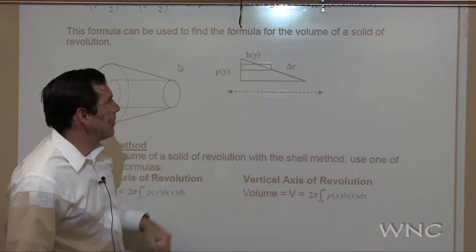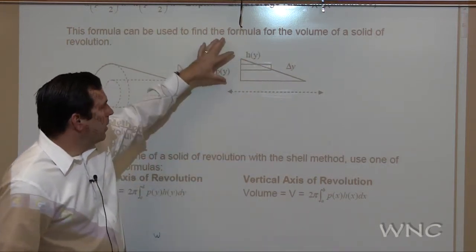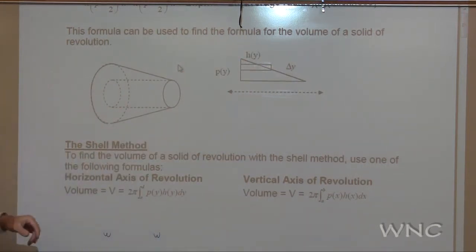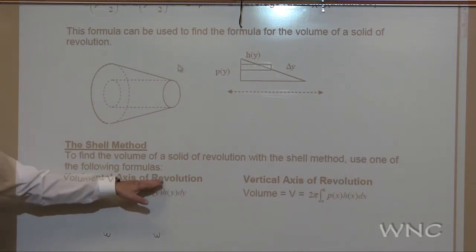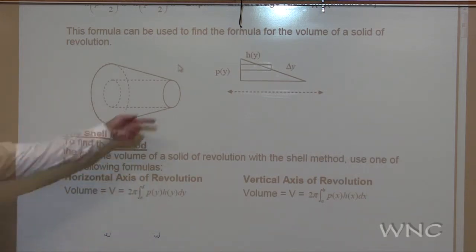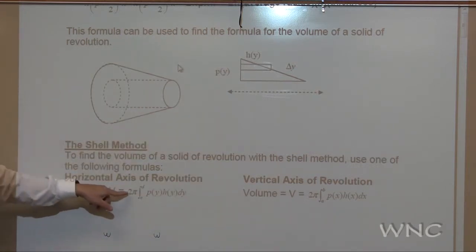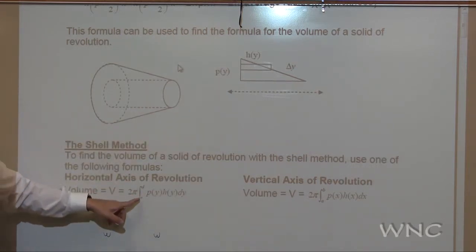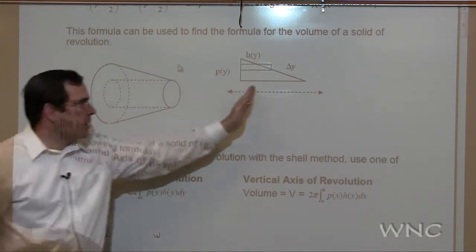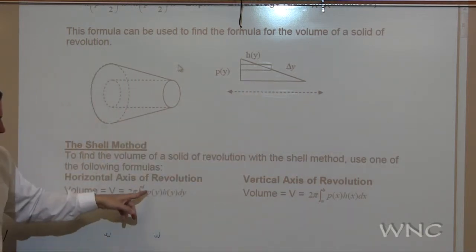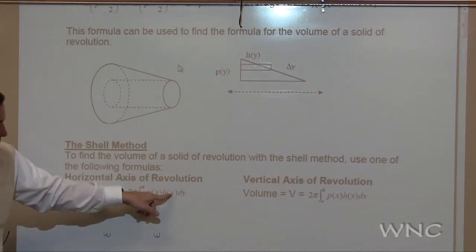That's our delta y, we have h of y and p of y. In the shell method, to find the volume of a solid of revolution, use one of two formulas. If it has a horizontal axis of revolution, like this one, the volume is 2 pi times the integral from c to d of p of y, h of y, dy.